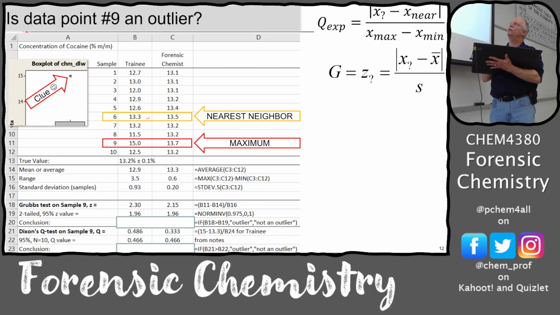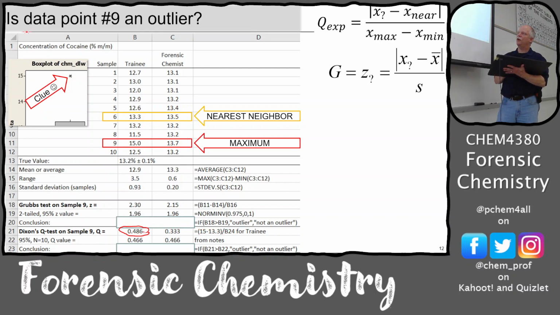Here are our nearest neighbors. For the Q test, I take 15 minus 13.3 and then divide that by the range. Here's our Q test: it's 0.486 for the trainee.